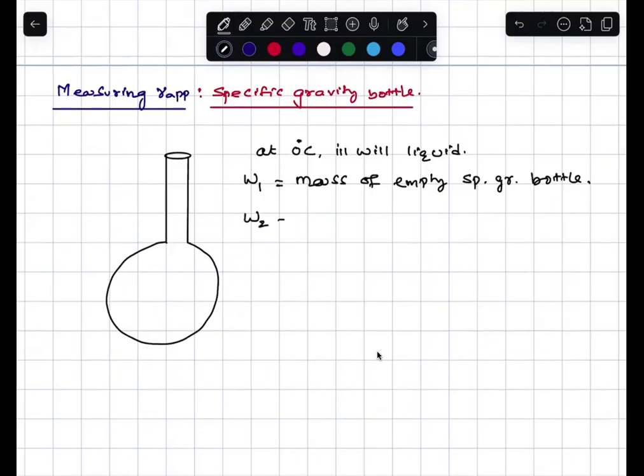W2 is mass of specific gravity bottle plus a liquid at 0 degrees centigrade.